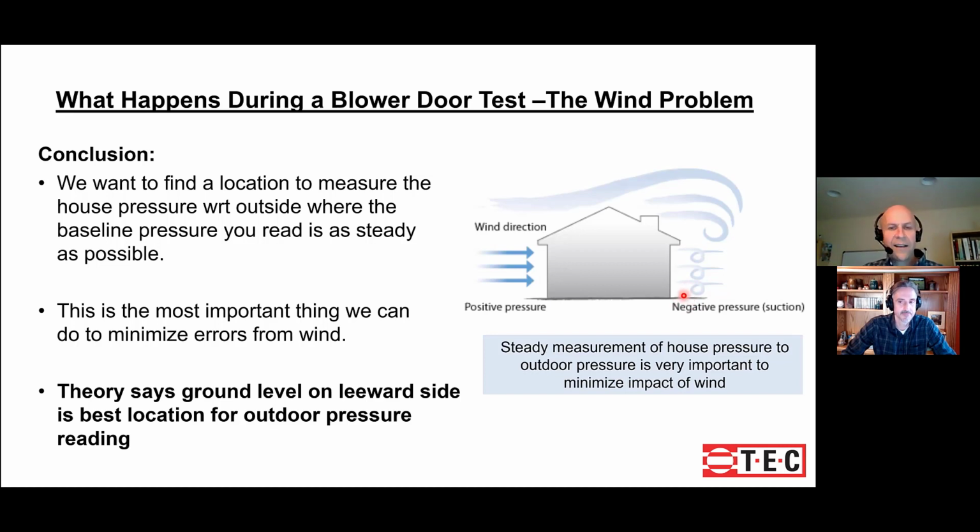Not because that's not going to fluctuate at all, but just because the fluctuations there are smaller. If we have pressure hitting this windward side of the building, that really builds up a lot of pressure as a function of wind speed compared to the relatively smaller effect on the leeward side. So that's the most important thing we can do to minimize the effects of wind.